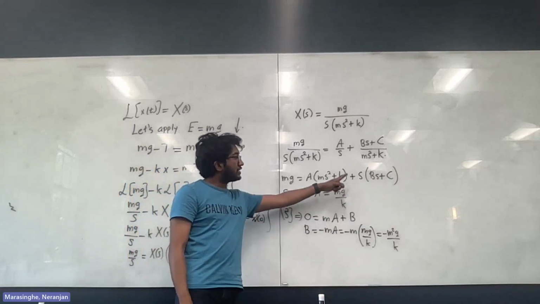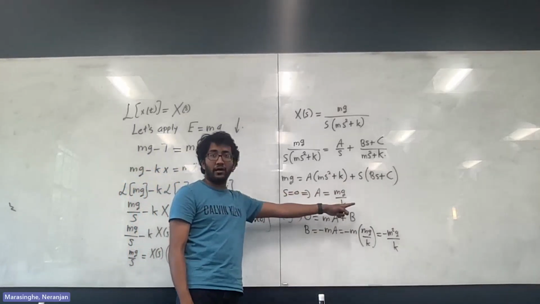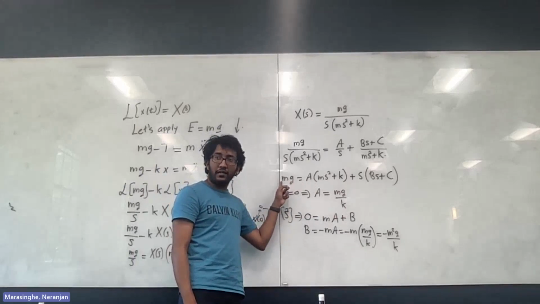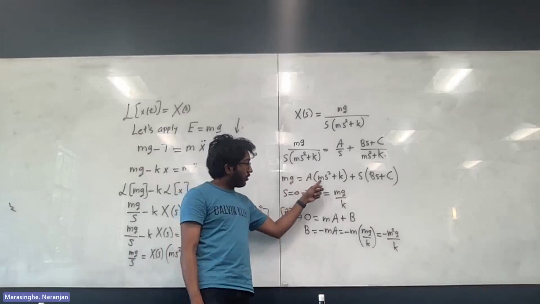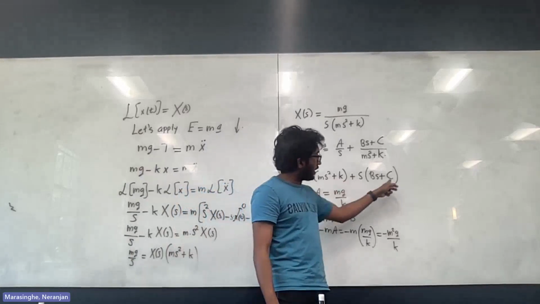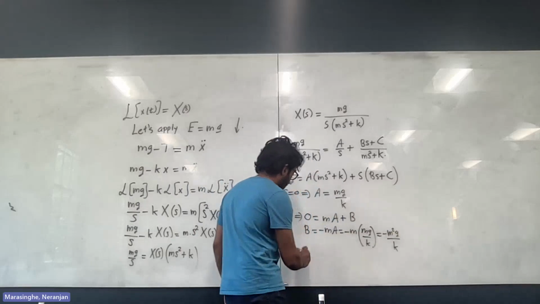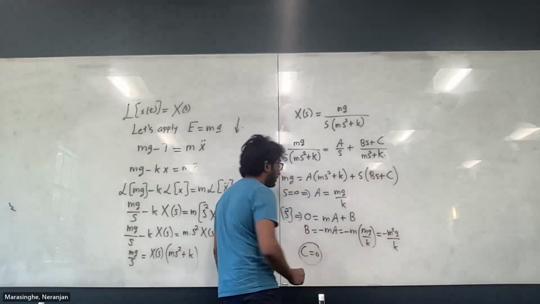If you compare coefficients of S, C would be 0, right? Because what is the coefficient of S on your left hand side? It's 0. And the only S term that you have on your right hand side is CS. So C is 0, right?